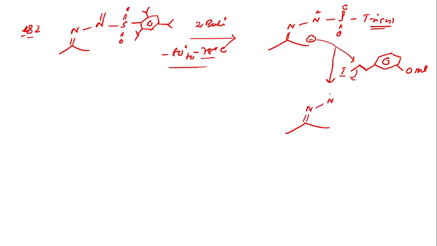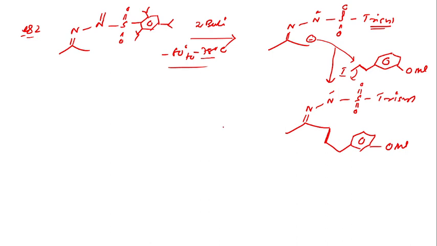So what are we getting? N, we have N minus. So we have frozen this molecule at the Shapiro condition. So now we have a new bond here. So this is the new bond, and as usual we have these groups and OMe.